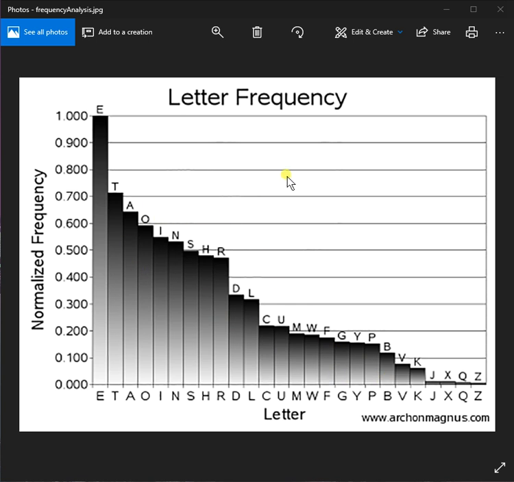And they have these systems that they use to try to break the cipher that way based on statistics.